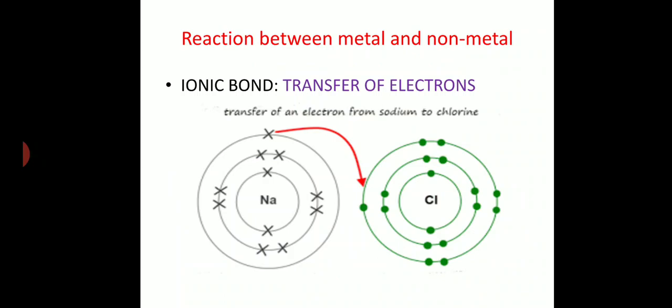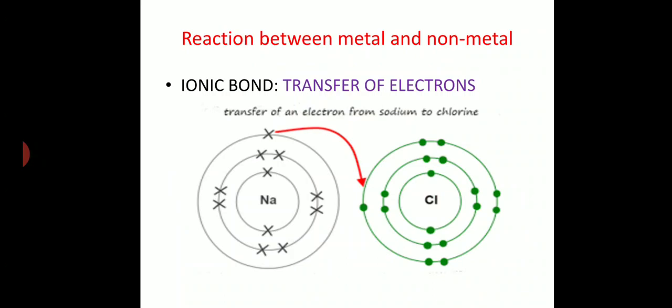It has a tendency to lose one electron to attain the stable noble gas configuration, whereas chlorine, atomic number 17, with electronic configuration 2, 8, 7, if it gains an electron, will become 2, 8, 8, the noble gas argon configuration. So elements lose or gain electrons to attain the stable noble gas electronic configuration. It is known as the octet rule.